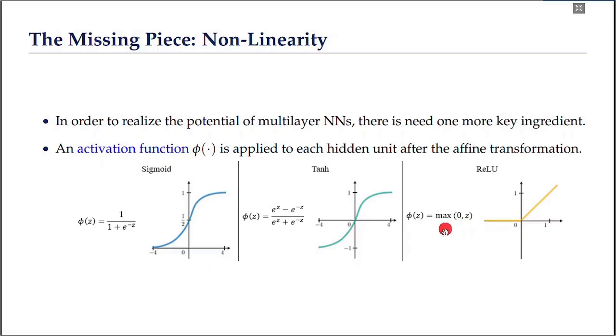That means all the negative values are considered as 0. These are some of the common activation functions which make deep neural networks most powerful.